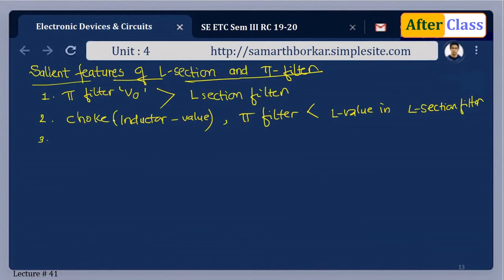The third point: in a PI filter the capacitor is to be charged to the peak value, and hence the RMS current in the supply transformer is larger as compared to the L section filter.